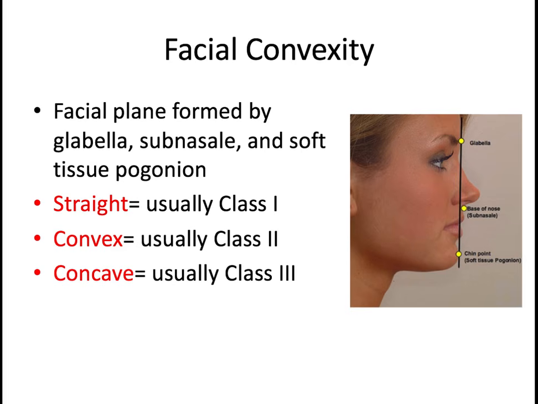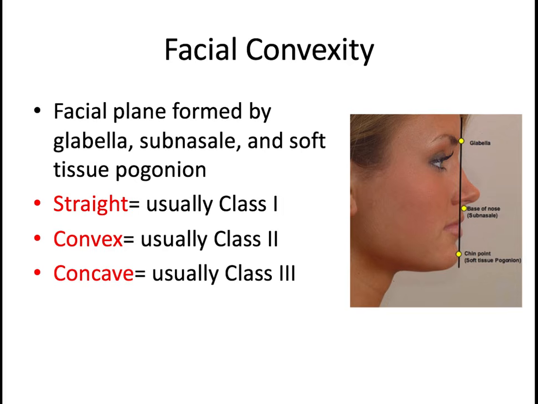I believe I touched on these before, but just to confirm, glabella is the area of the forehead that's typically most prominent. It's between the eyebrows, and the subnasale is the base of the nose. So for the facial convexity, we're basically drawing line segments from these 3 points and seeing how straight of a line that would be.